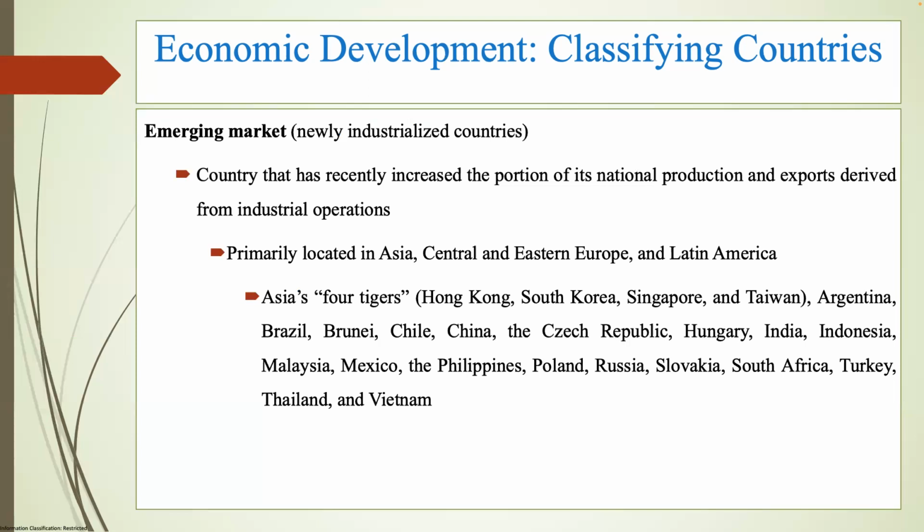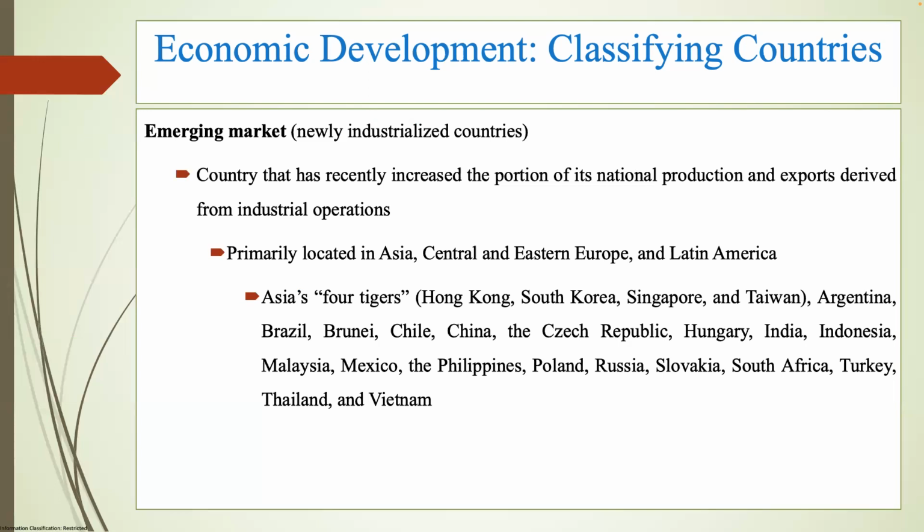These countries have developed some but not all of the capabilities associated with advanced countries. They have sustained market access, increasing gross domestic product, stable inflation, and strong macroeconomic policies.